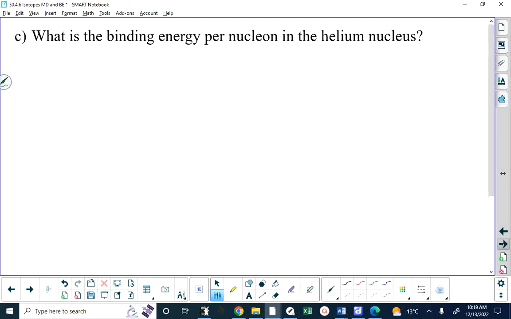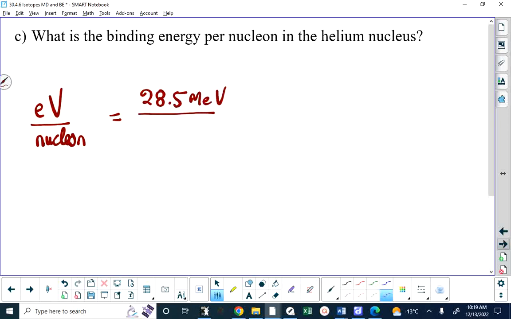C, what is the binding energy per nucleon? This is often something that you're asked. I'm going to go electron volts per nucleon. So we're going to take that total number of electron volts, which is 28.5 million eV, divided by 4 nucleons. At the very end of this lesson, after the next example, I'm going to explain the significance of binding energy per nucleon.